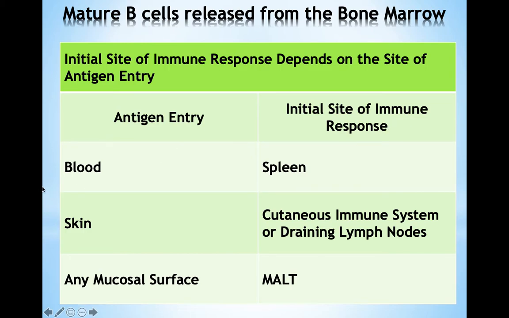So if antigen enters through the blood, we expect the lymphocytes to work on it in the spleen. If the antigen is recognized in the skin, then we expect the cutaneous immune system, or the lymph nodes, once that lymph fluid is drained in the lymph nodes. Then in any mucosal surface, the initial site of immune response is always our mucosa-associated lymphoid tissue.